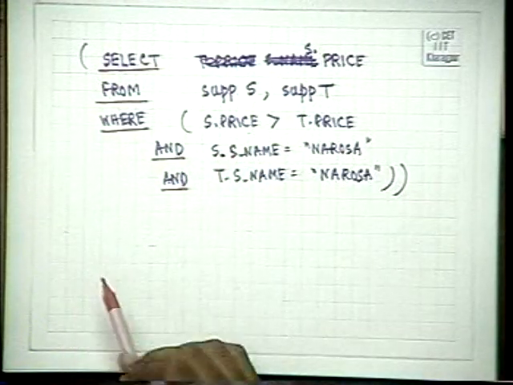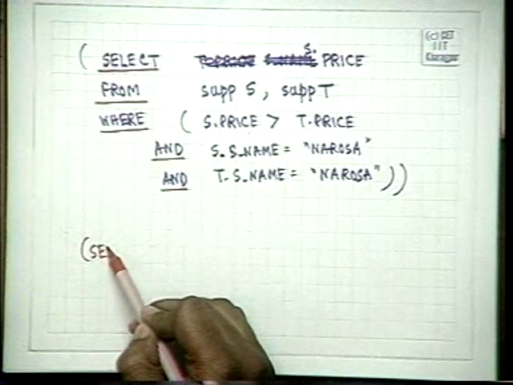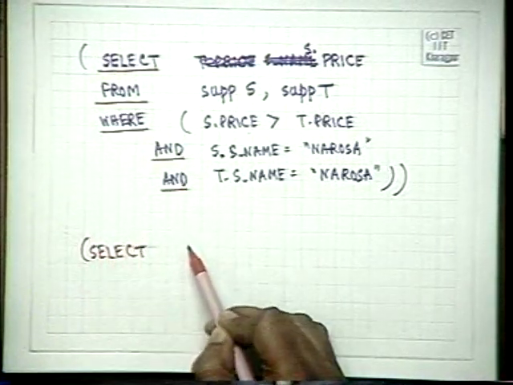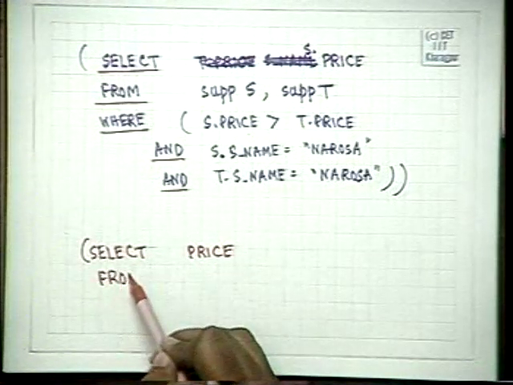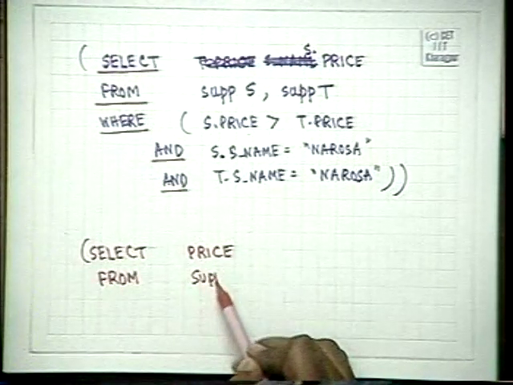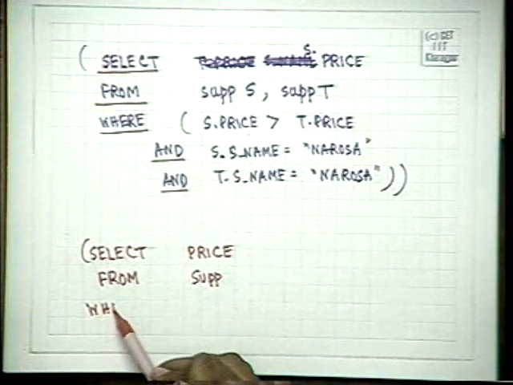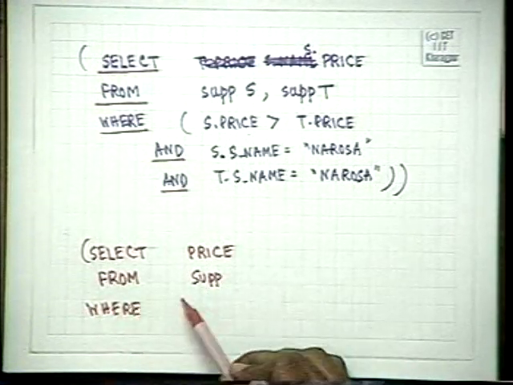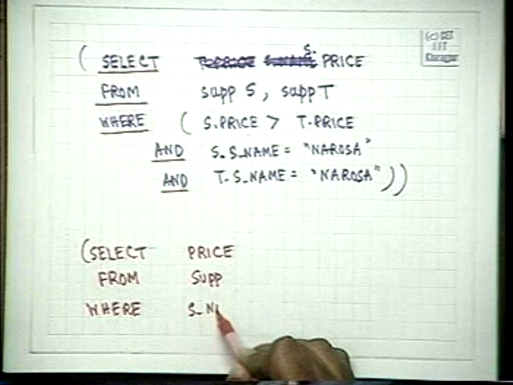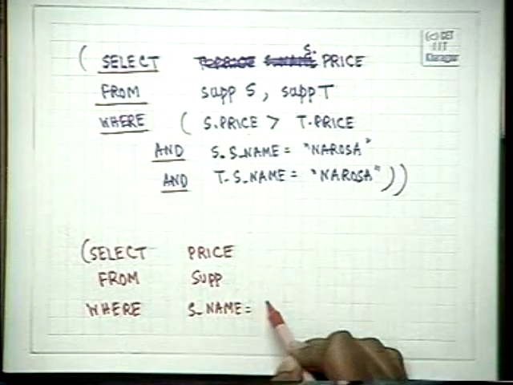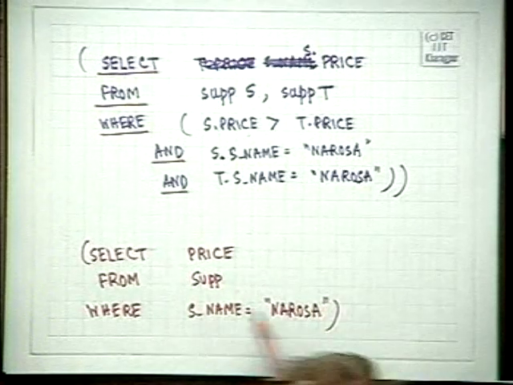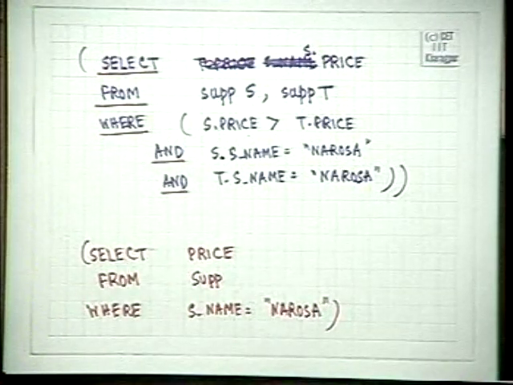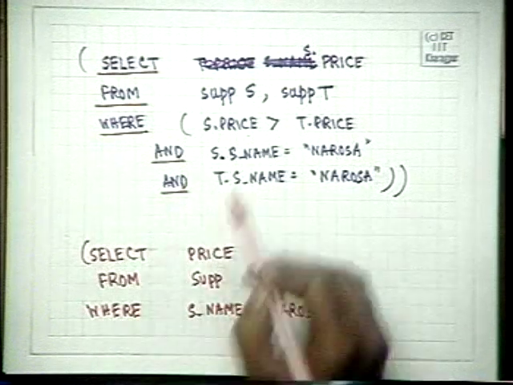I'll tell you what will give you the query. If you want to do it, prices which is more than the list price. Wait, I'll tell you what will give you the query. Select price from sub. If you want pure relational algebra style, what does this give you? The set of all prices by Narosa.